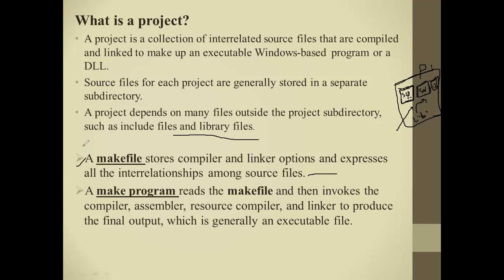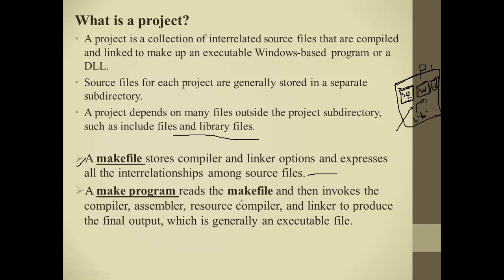The second point you have to remember is that a programmer or a program will read the makefile, and then invoke the compiler, assembler, resource compiler, and linker to produce a final output, which is generally an executable file. So what happens here? First of all, the program reads the makefile.